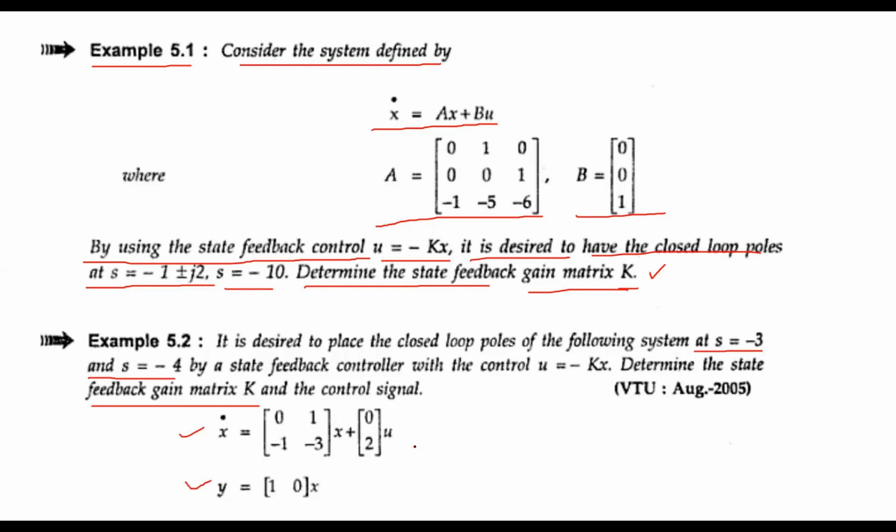I'm going to show this problem in the next slide. Here also I'm going to use method number 2. We need to find the gain matrix K. Therefore K is equal to, it is a second order system, therefore K1 and K2.